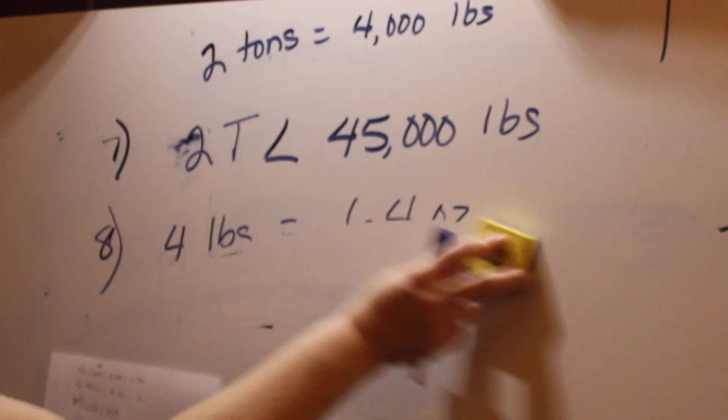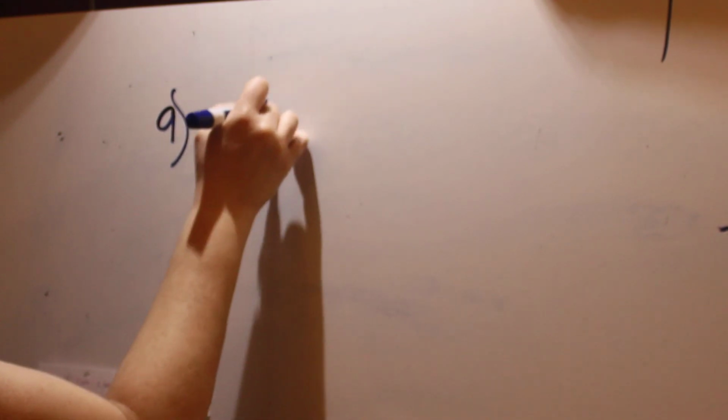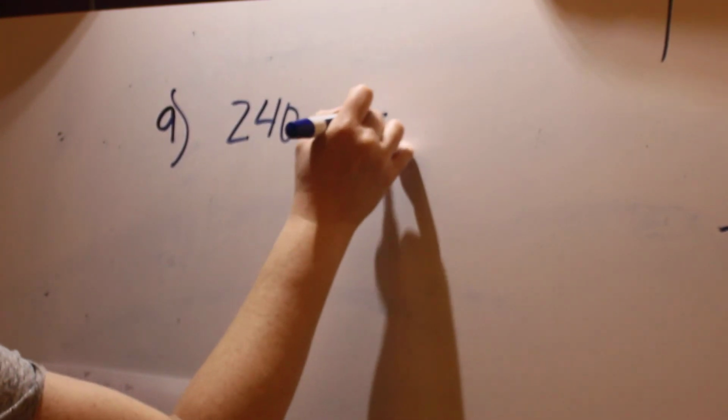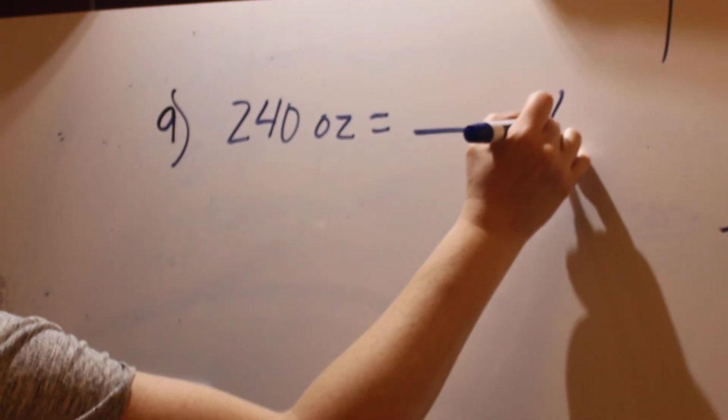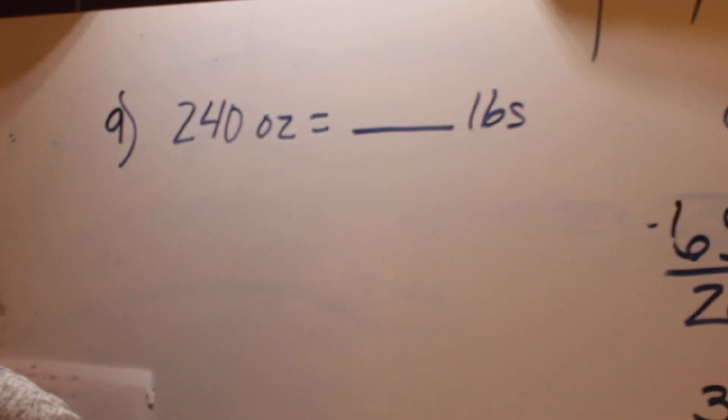All right, number 9. They wanted to know 240 ounces equals how many pounds?